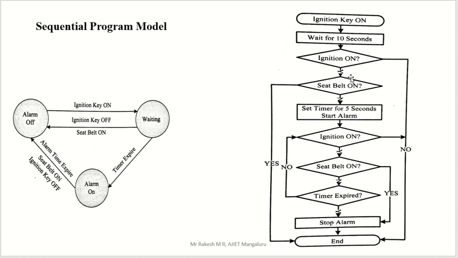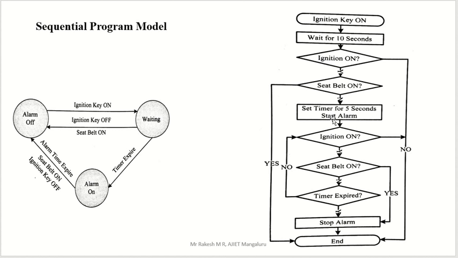But if the seat belt is off, meaning the person has not fastened the seat belt, then again there is a timer and it waits for some time. Here they have given the timer as 5 seconds.